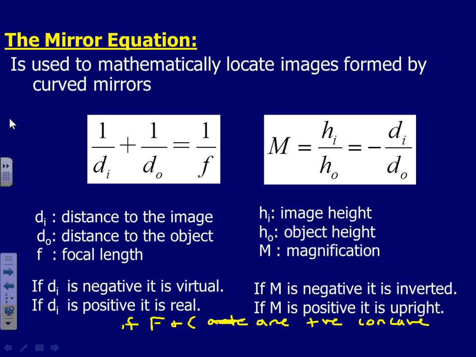So the signs of the focus and the C tell you whether it's concave or not. So if you've got a concave mirror, F and C will be positive. And if you have a convex mirror, F and C are negative, that's a minus sign, my lazy way of writing negative, then it's convex.